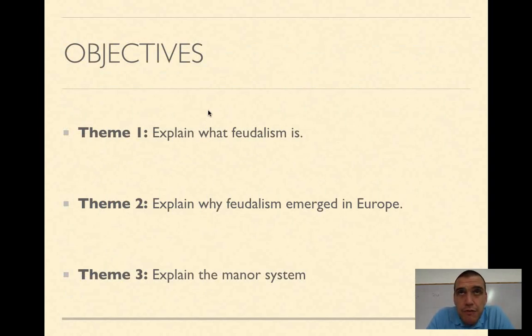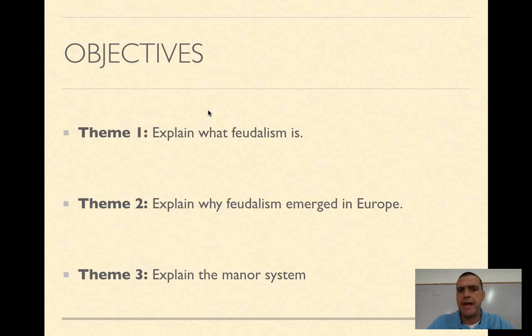If you've looked ahead in the book, the section is pretty long and pretty dense, so I tried to water it down the best I could and give you the basics, because in reality, feudalism is a very, very dense and thick topic. People have studied feudal societies very intensely. A lot of ink has been spilled on feudalism. So this lesson is just to give you the basics, the watered down version.